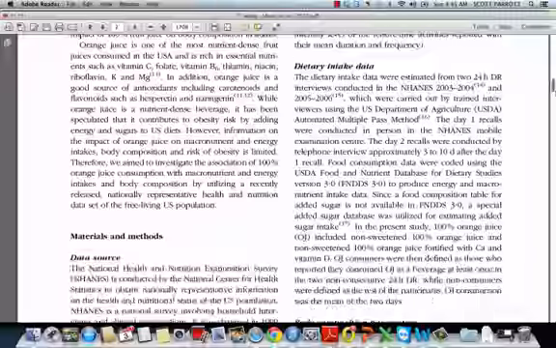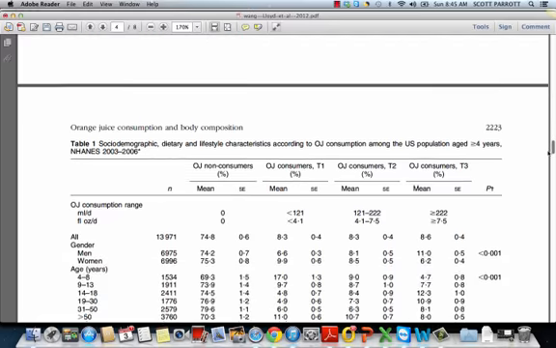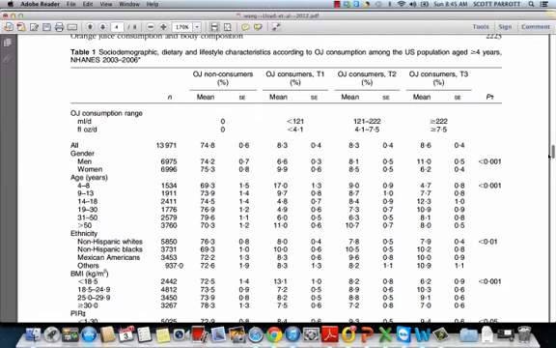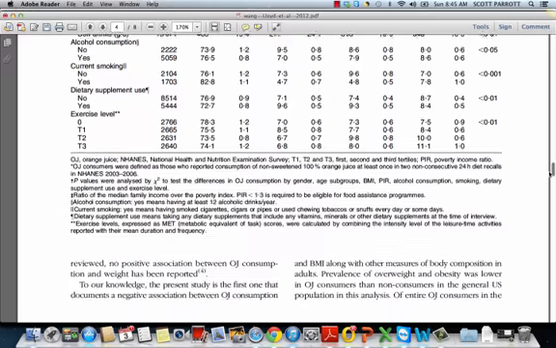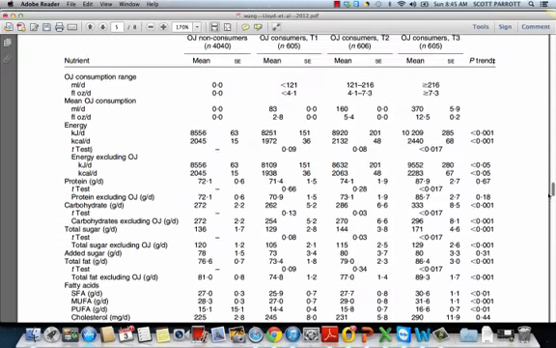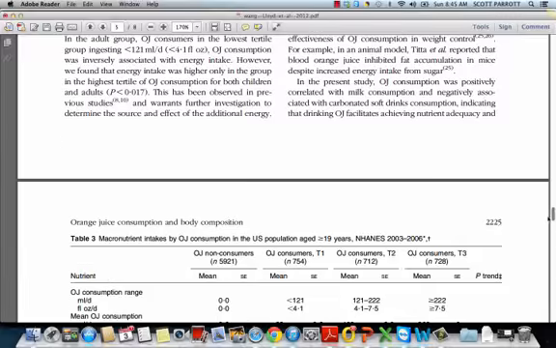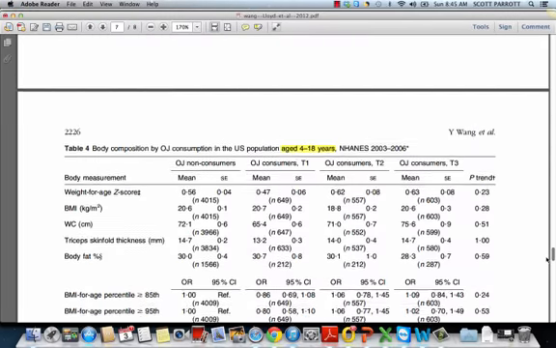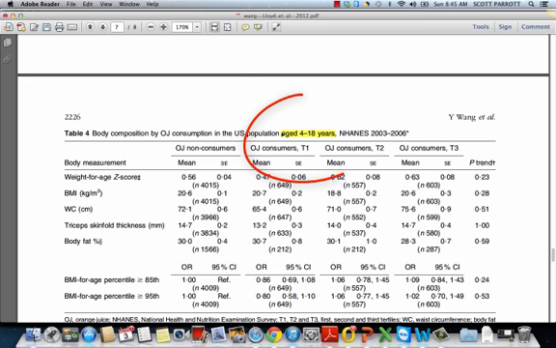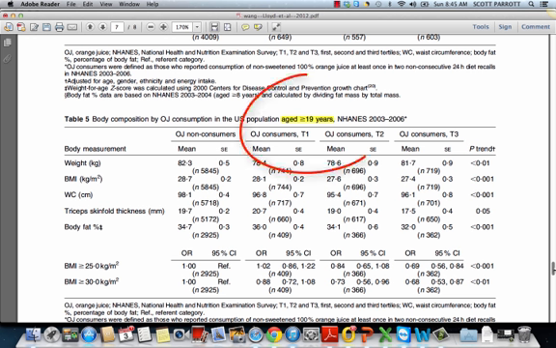We read down, and we have a breakdown of fruit juice intake, but that doesn't tell us the relationship, so we're not interested in all that. Then they do this for adults, but when we get down to the actual relationships, what we find is that Wang and colleagues create separate models for 4 to 18-year-olds and another model for 19 or older.